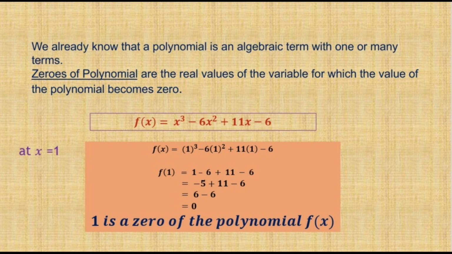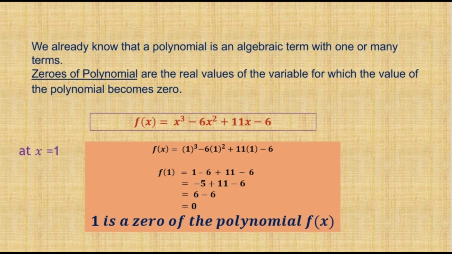Now, take the polynomial f of x equals x cube minus 6x square plus 11x minus 6. This is a polynomial in one variable only, x. Now, let us find the value of this polynomial at x equal to 1. That means replace x by 1. So, you get the value 0.